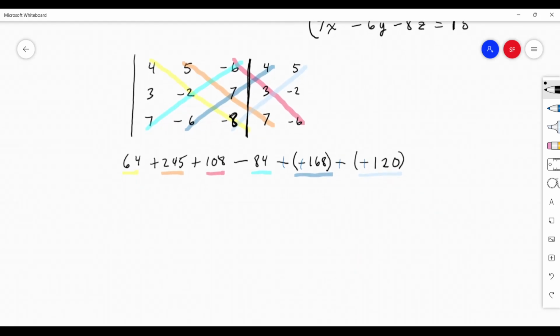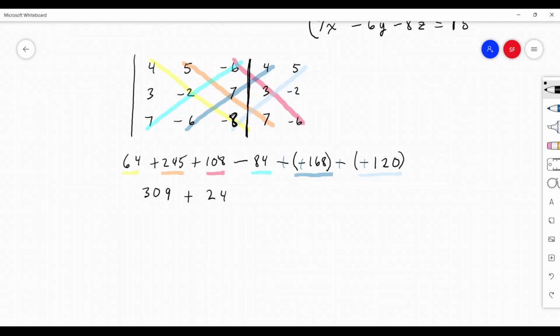So 64 plus 245 is 309. Does that sound right to y'all? And 108 minus 84 is 24. Does that sound right? Sounds about right.